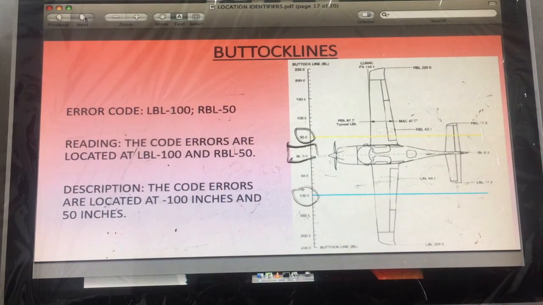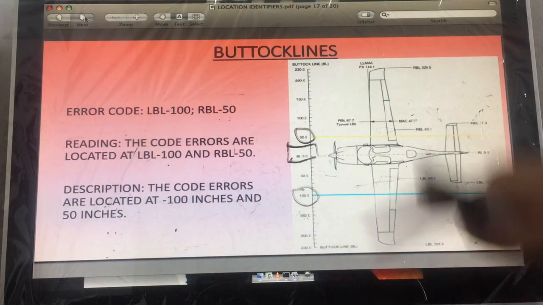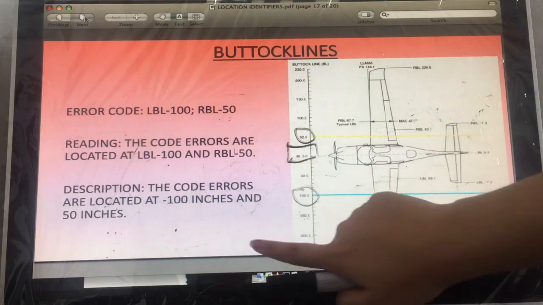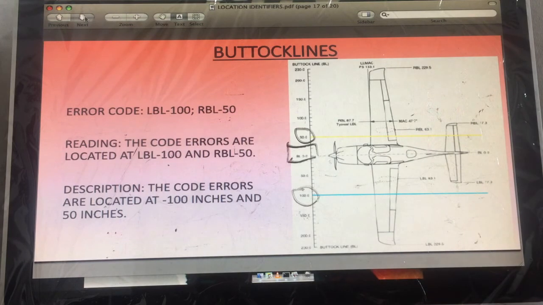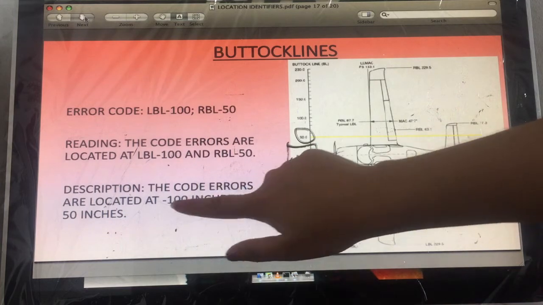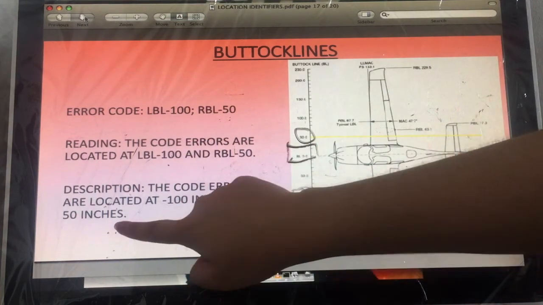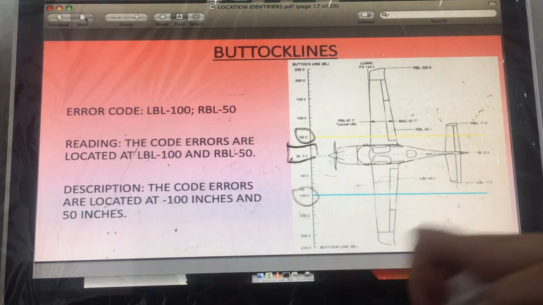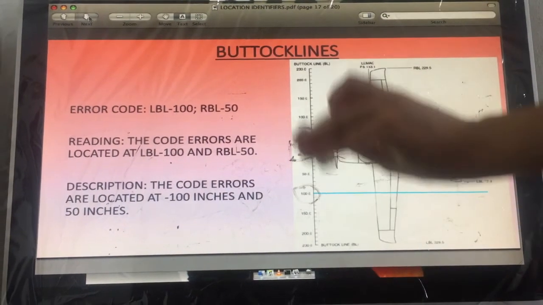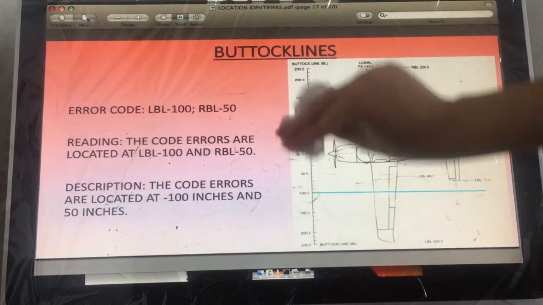Meron lang siyang negative value to indicate that it's on the buttock line and wala siyang reference point na indicated. Since negative ito, alam mo na nasa left buttock line yan. Tapos, ito positive value kaya nasa right buttock line. Ganun lang.